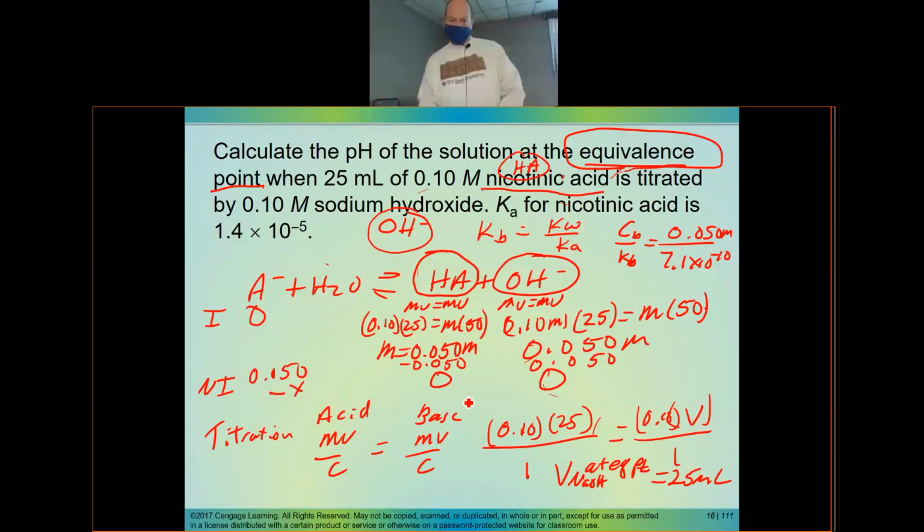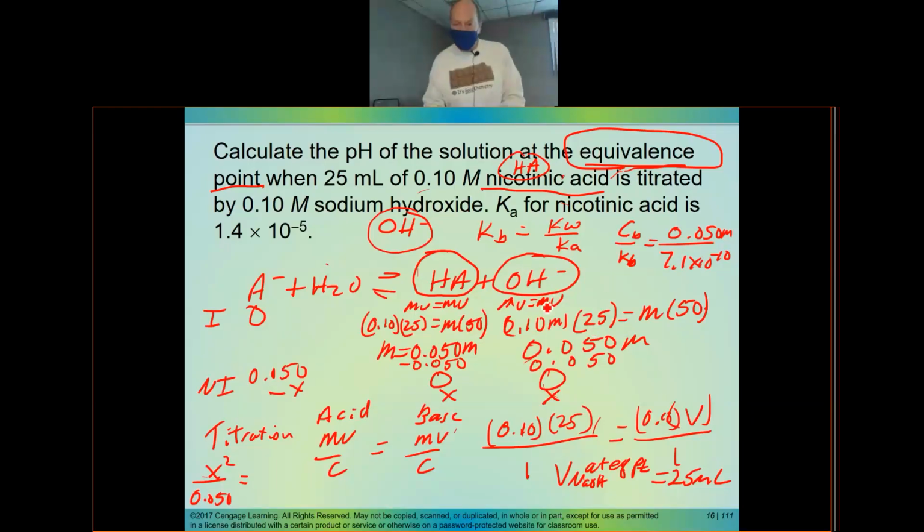All right, and so this is X and this is X. And so we have X squared over 0.050 minus X, but we just said we can neglect X and we don't have to check it. And that's equal to Kb. Make sure you are looking at the reaction.